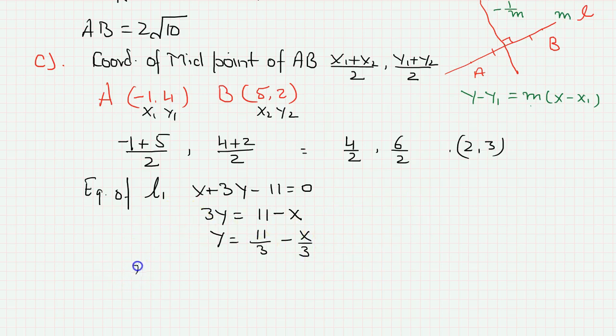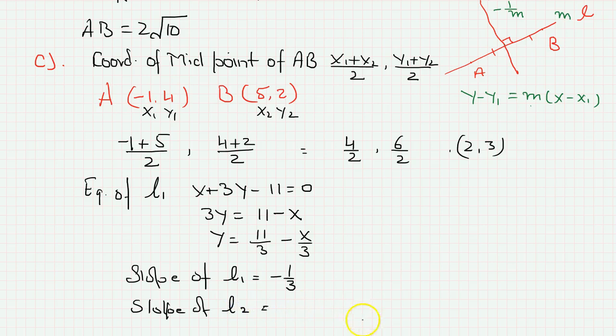So the slope of L1 is equal to minus 1 over 3. So the slope of L2 will be 3, because these are perpendicular lines.